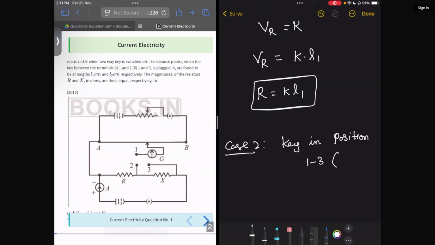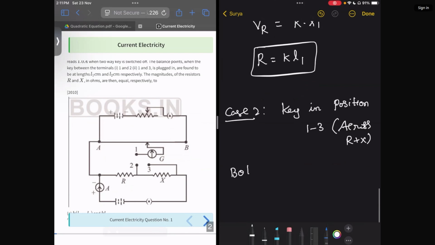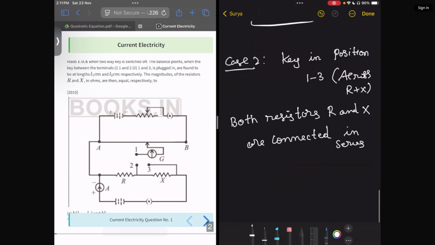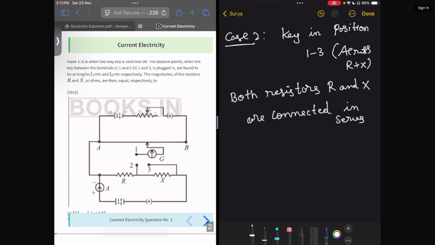When two resistances R and X are connected in series, the total resistance is R plus X, the effective resistance.